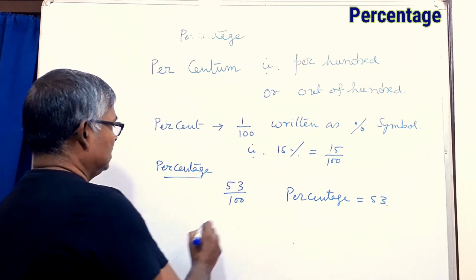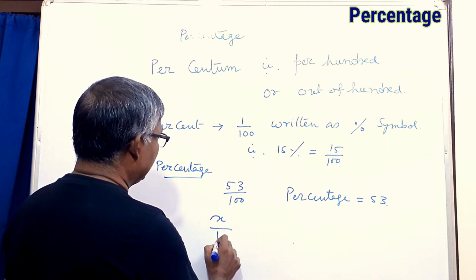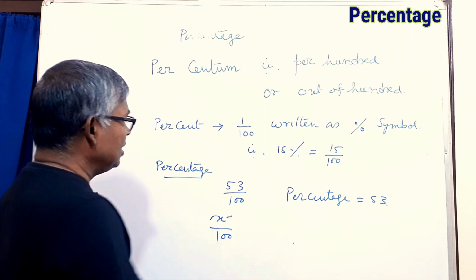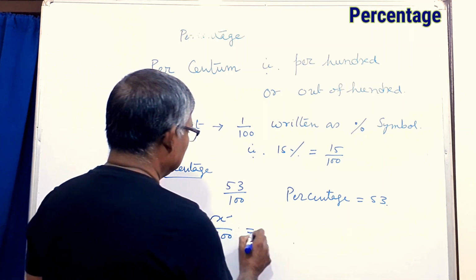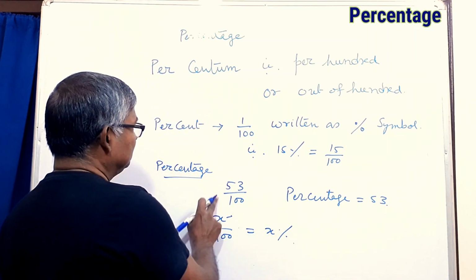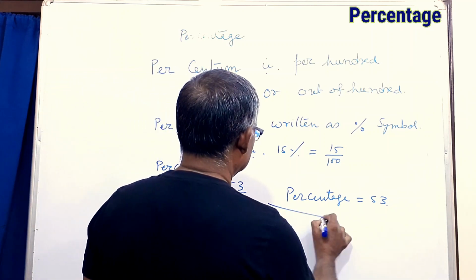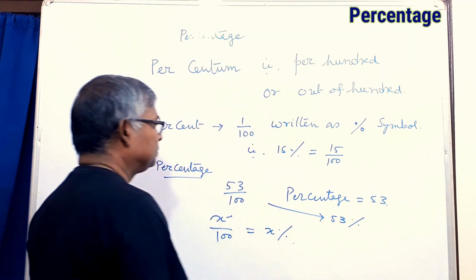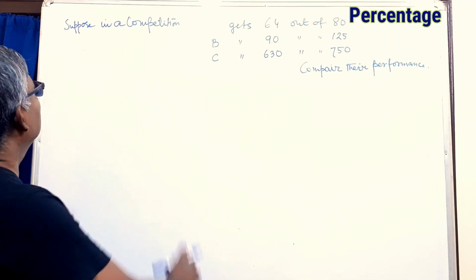And suppose x by 100. So x is the numerator and it is written as x percent. Similarly, this is written as 53%.